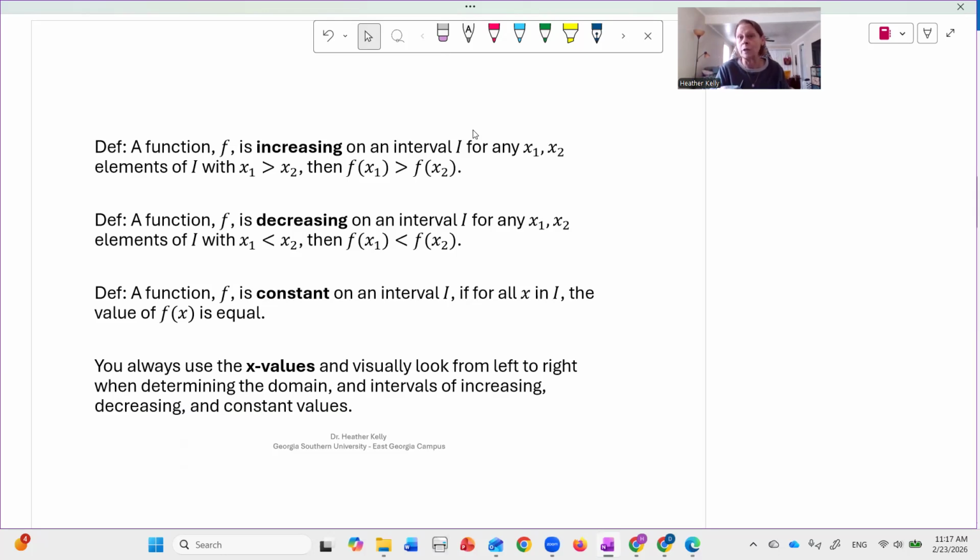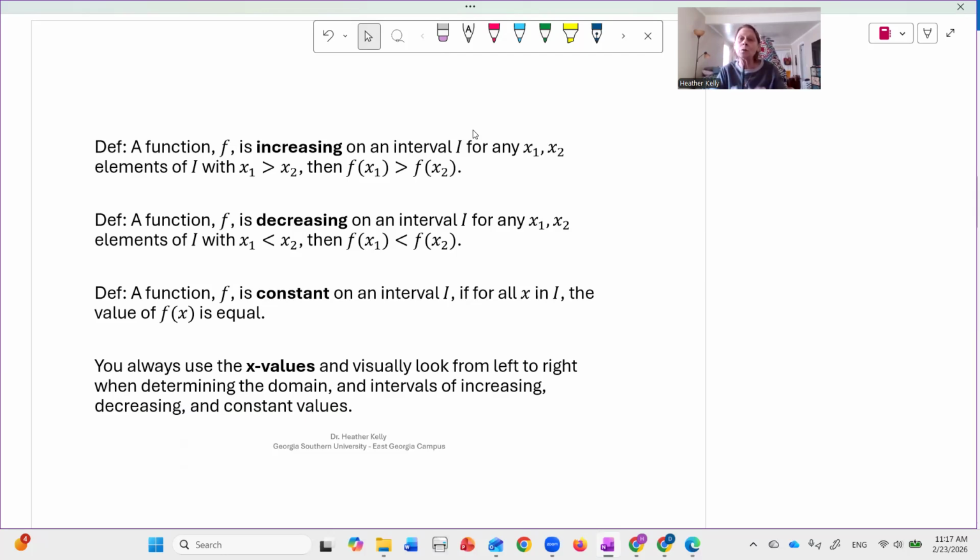In other words, when you plug in 1 for x, you get 2 for y. You plug in 7 for x, you get 2 for y. You plug in negative 19 for x, you get 2 for y, meaning every value you plug in for x, you get one consistent value for y. That would be a constant interval.